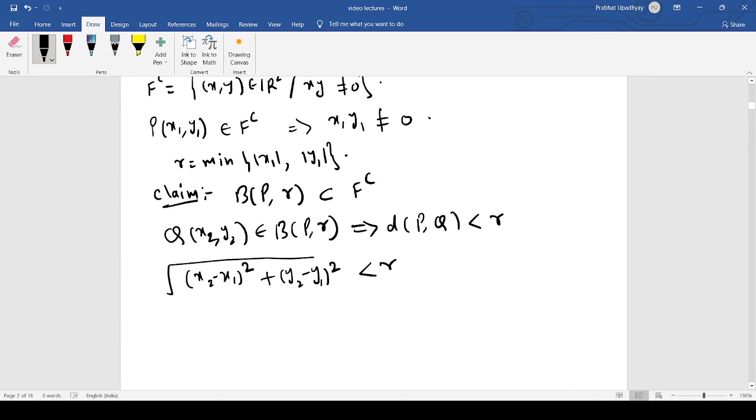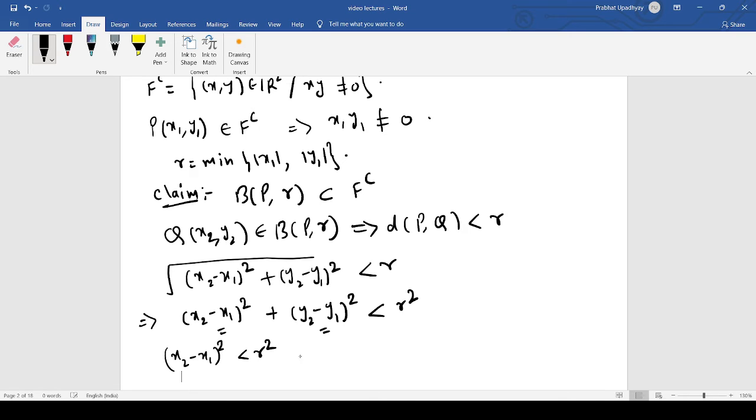And if you take the square, it will imply (x2 minus x1) square plus (y2 minus y1) square is strictly less than r square. Since both (x2 minus x1) square and (y2 minus y1) square are greater or equal to 0 and their addition is less than r square, you can say individually also these terms are less than r square.